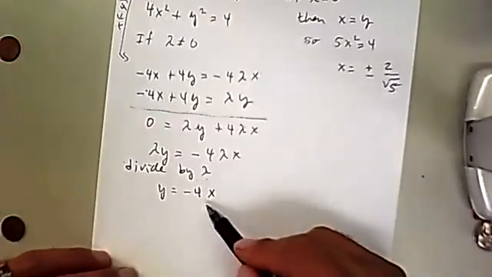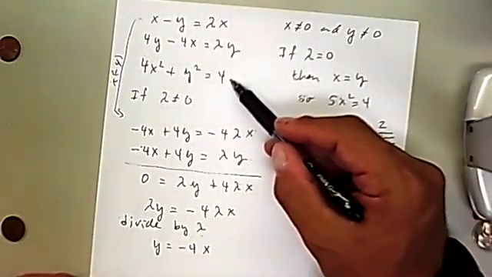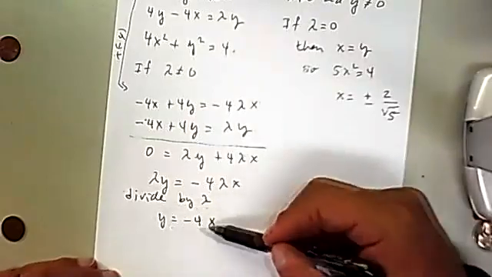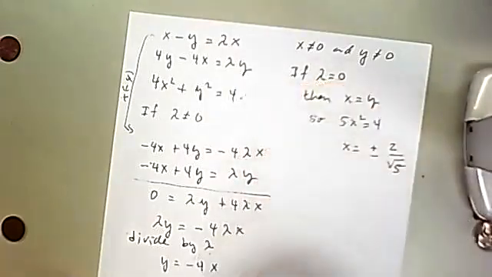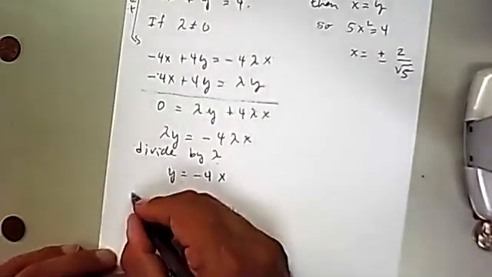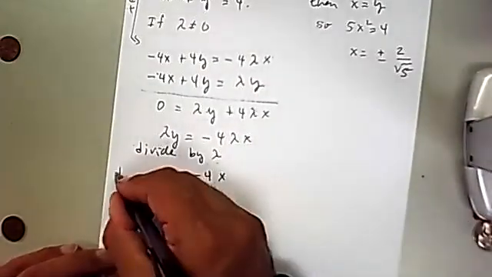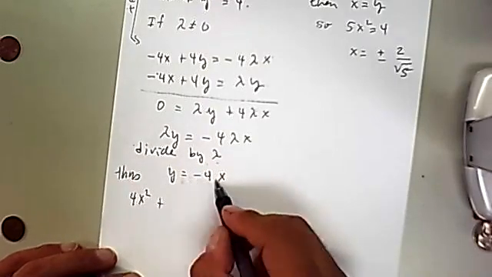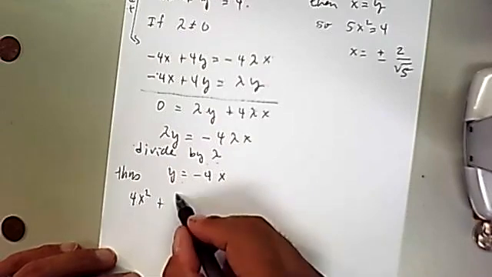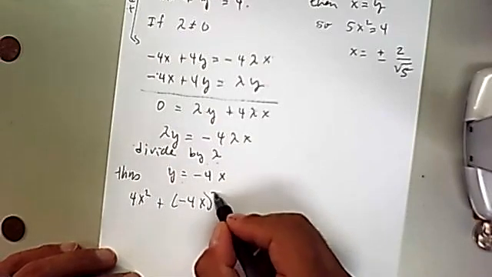Okay, now we use this equation. We substitute this y into that equation, into this restriction. So 4x squared plus y squared, but that is the same thing as negative 4x quantity squared.